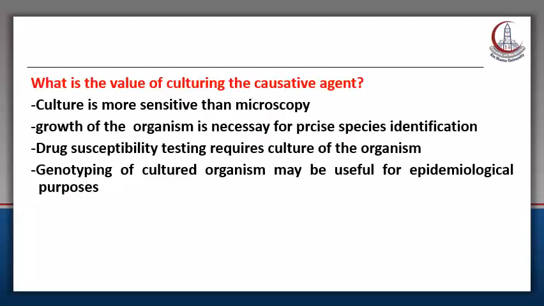The growth of the organism is also necessary for precise species identification. If we need to identify the species of the Mycobacterium, whether it's Mycobacterium bovis or Mycobacterium tuberculosis, we should perform culturing. If we need to do drug susceptibility testing, it needs colonies growing on the culture media.